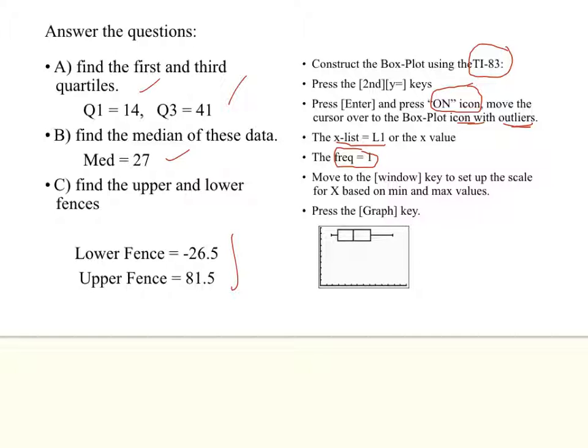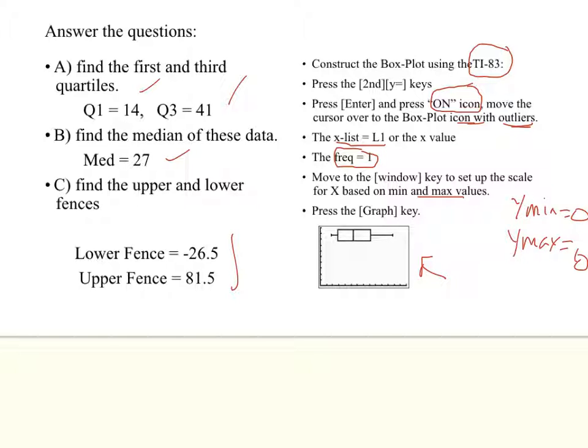Once you've done that, then you can move over to the Window key to set up the scales for the X based on the minimum and the maximum values for X. Also in this case, I always let Y min for the box plot be 0 and Y max be equal to 10. Once you've set up your scale, then you can press the graph key and you should get this particular box plot.